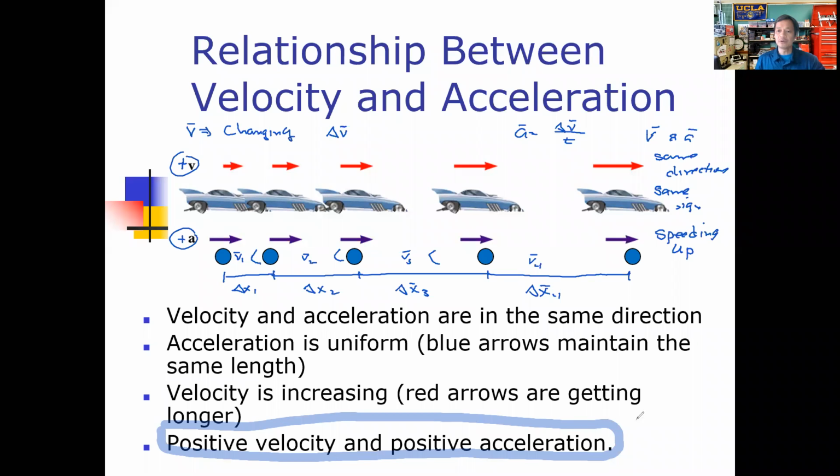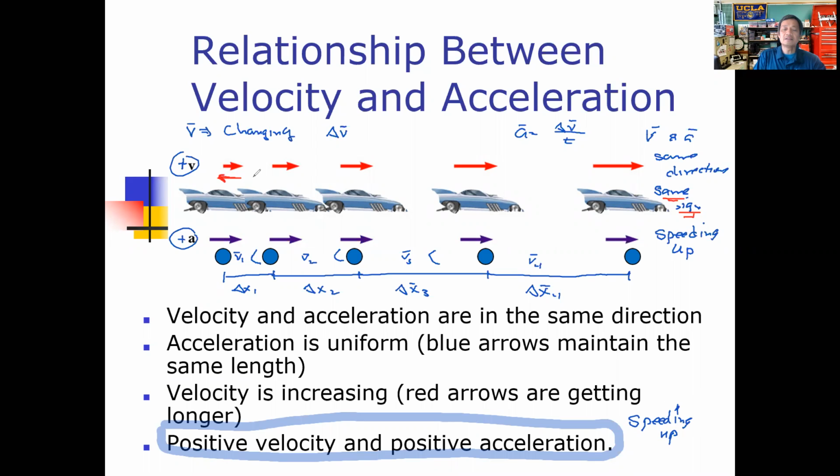But do keep this in mind: just because both of these are positive doesn't necessarily mean that they are speeding up. Remember, the key to understanding this is that we have the same sign. If we flip this around, the velocity is in that direction.